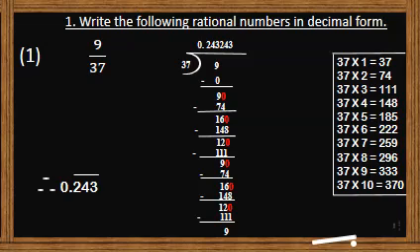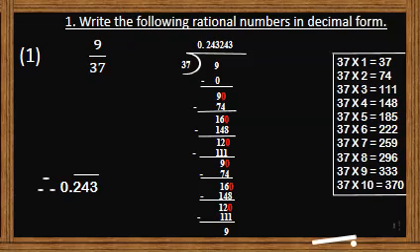It also doesn't come in the table of 37, so we take 37 fours are 148. By subtracting we get 12. We put 0, it becomes 120. We take less than 120, so 37 threes are 111. By subtracting our answer is 9. This will continue and the question will repeat.